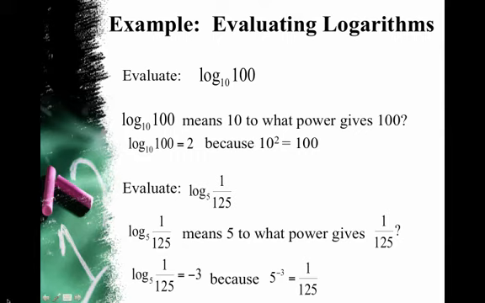Because 1 over 125 equals 1 over 5 to the third, and if I want to move this 5 to the third over the fraction bar, I can do so if I make the exponent negative.